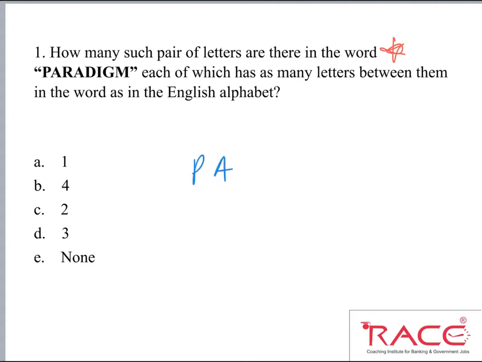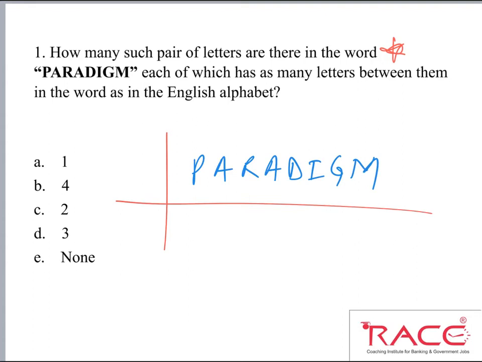P A R A D I G M. So this is my word. What is the first step? First step is to write the values. So what is the value of P? 16, A 1, R 18, again A 1, D 4, I 9, G 7, M 13.